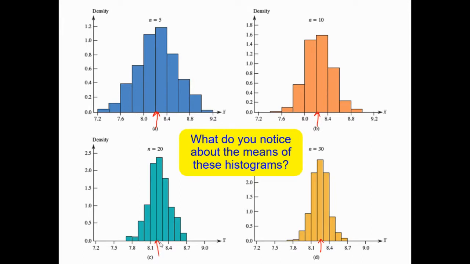What did they tell us the mean was on the previous page? 8.25. So they're all around 8.25. That's what we notice. You should write it in your notes that they're all around 8.25.